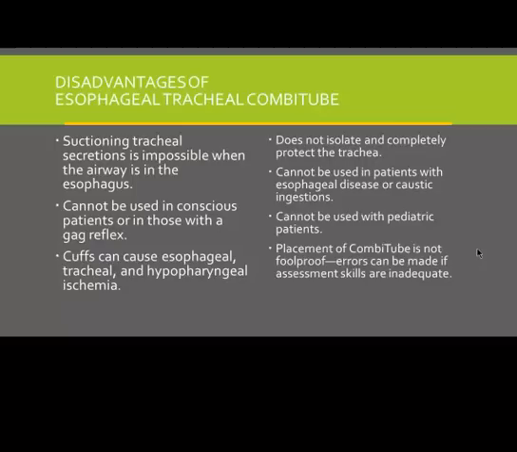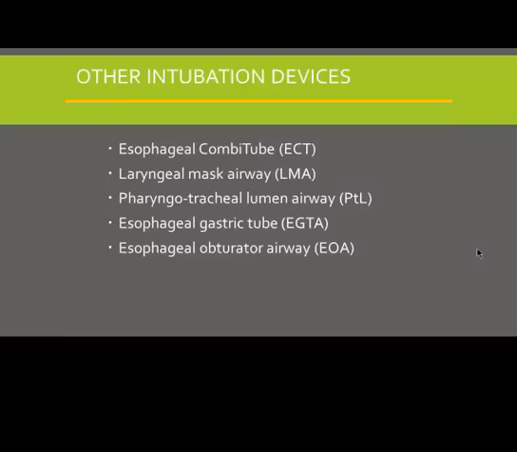You do colorimetric as a confirmation, so it reads CO2. Okay? Placement of combi tubes is not foolproof. Errors can be made, but if you know what you're doing, and if you know what you're listening for, then you can overcome those errors.